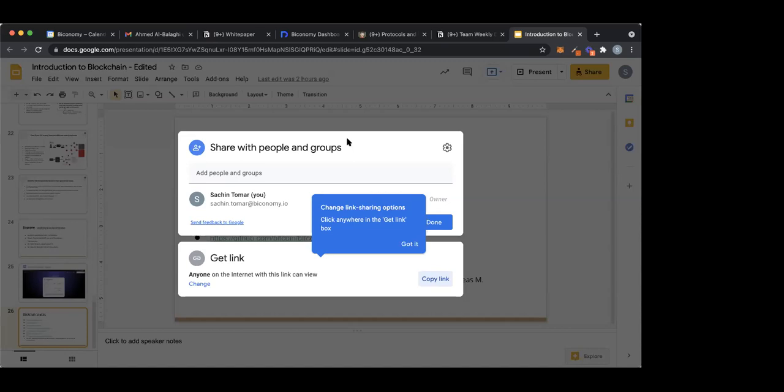They have the control. That is a centralized system, because one entity has control over the Gmail application.